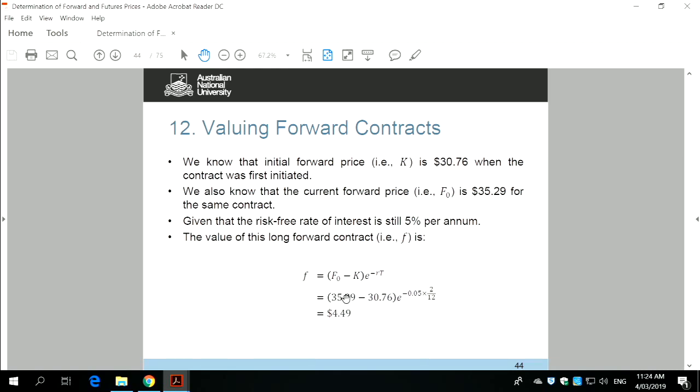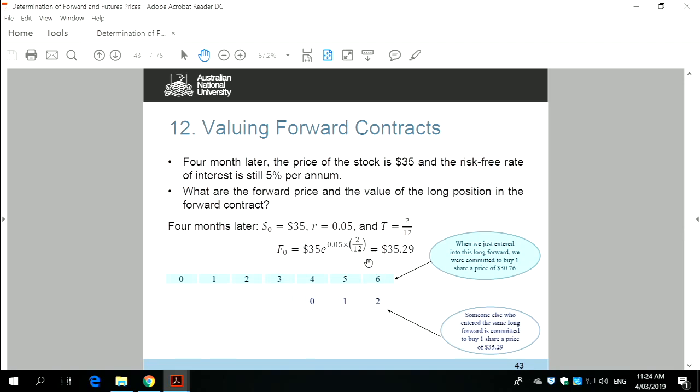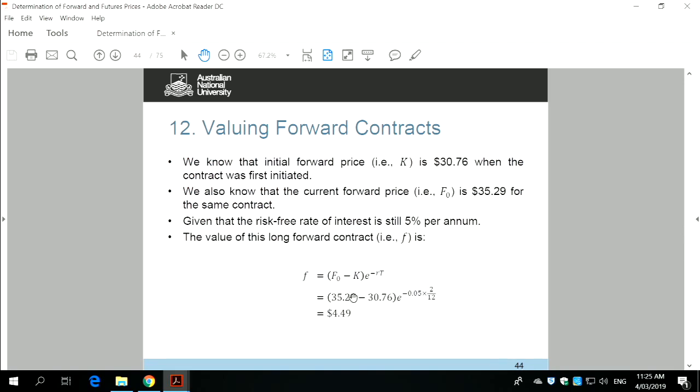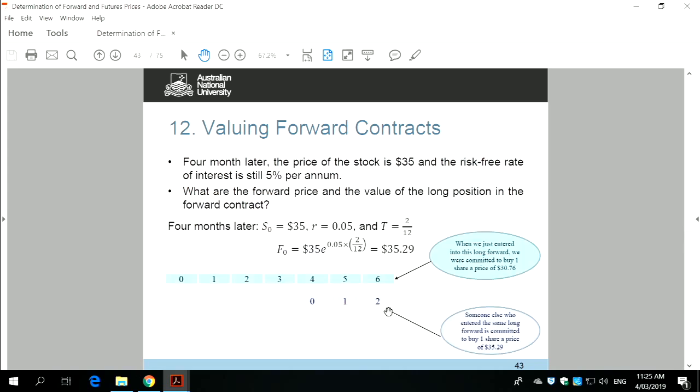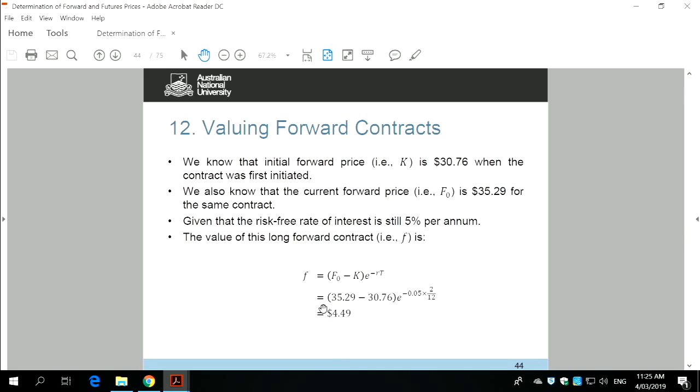That means the money coming into your pocket. So if you work out the cash flow difference, and you bring it back 2 months, so multiply by e to the power of minus 5% multiplied by 2 over 12, that's you discounting the cash flow back 2 months. And that forward contract is worth $4.49. Does that make sense?